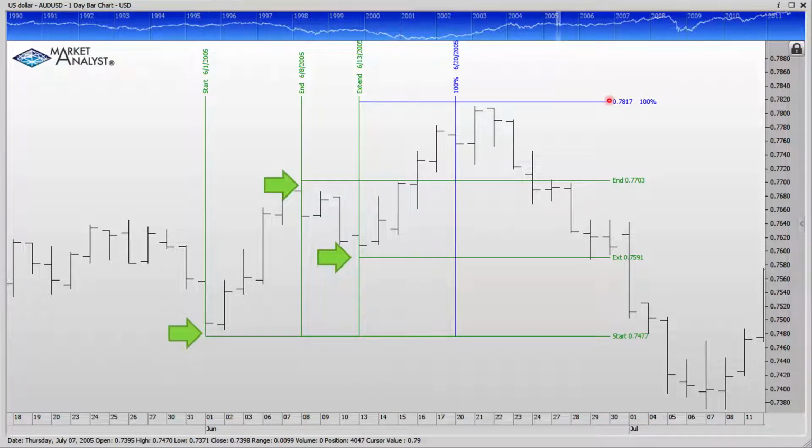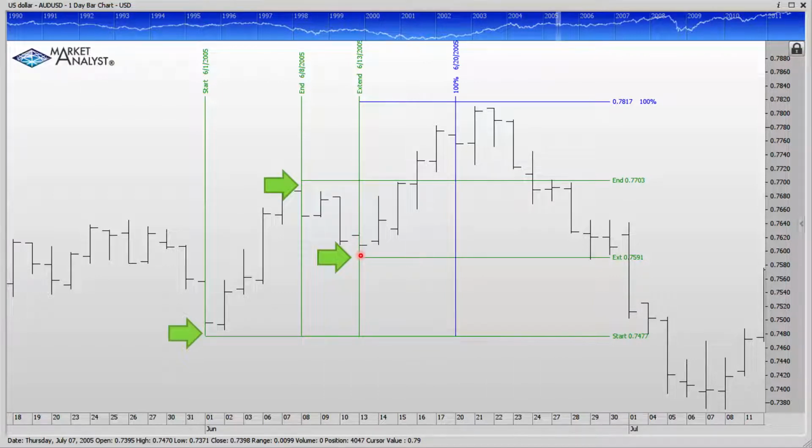If we use the time extension technique, once again we click this low, but notice the vertical line here is the starting point. We click here, this high. This gives us our end point in time, so measuring that many bars, we project that quantity of bars forward from this low here. So notice that this vertical line says extend it from this date.